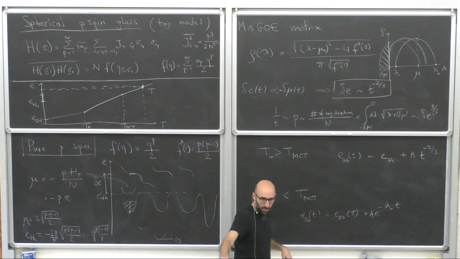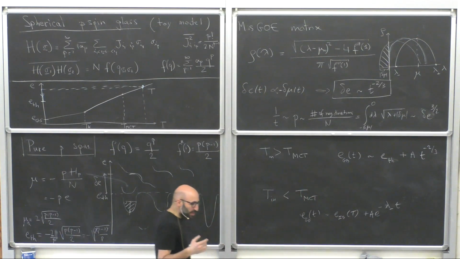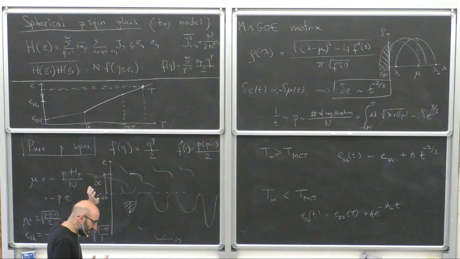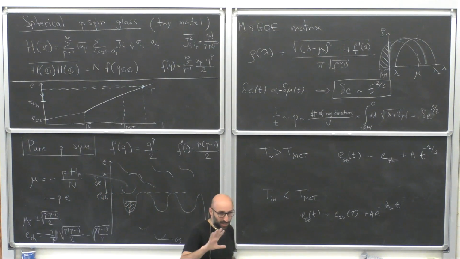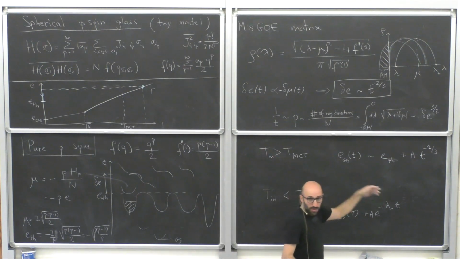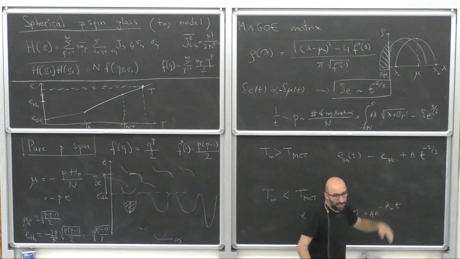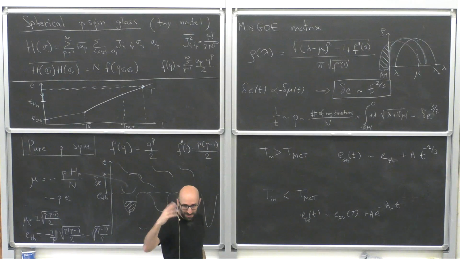You get power law decay to some value of energy that is slightly above the threshold. So in general, in the mean field picture, above TMCT you can equilibrate, and when you quench below, you have this slow decay of the energy, and the system is out of equilibrium forever.